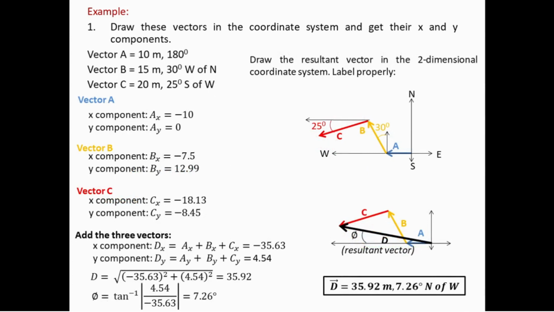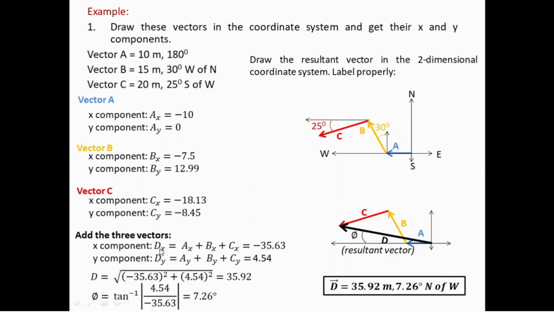So now we have the x and the y components of vector A, the x and the y components of vector b, and the x and the y components of vector c. So our resultant vector here, which is the sum of these three vectors, we will call vector d.